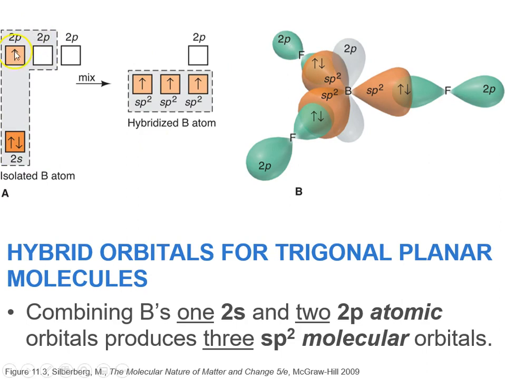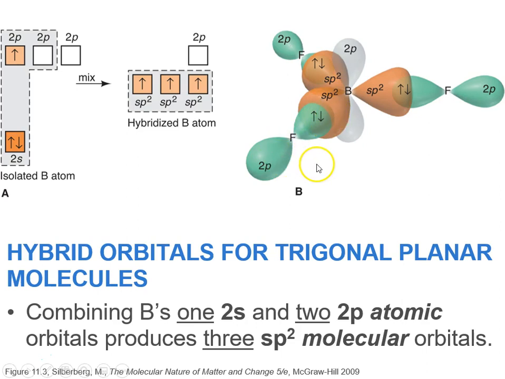So when I mix the s and the two p's, I get, again, this weirdly dumbbell-shaped structure with a really huge dumbbell, with a little tiny dumbbell in between, like in here that they didn't show. And if I want to form the molecule BF3, then I put one electron in each of the sp2's, and then it overlaps with that lone electron on each of the fluorines. And again, this shows the overlap between the sp2 and the 2p orbital.